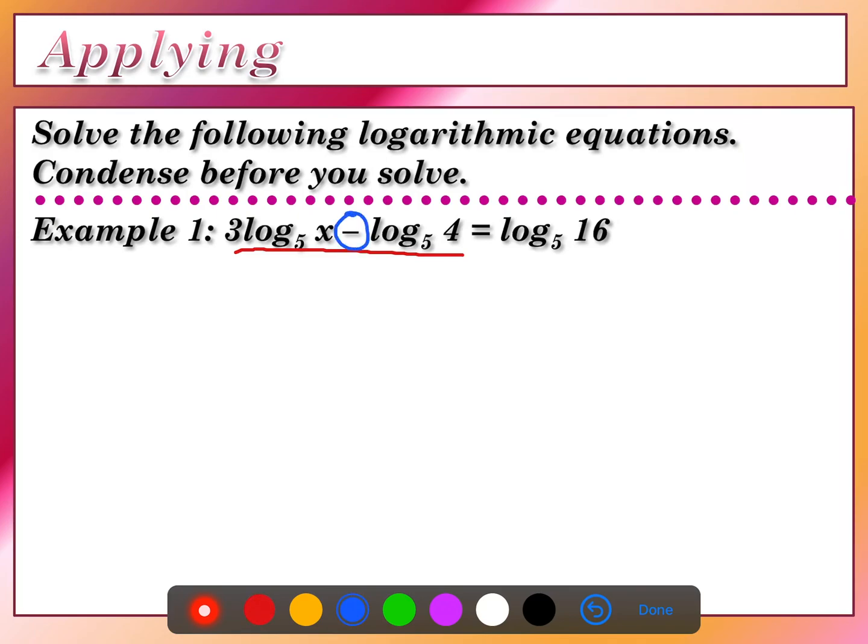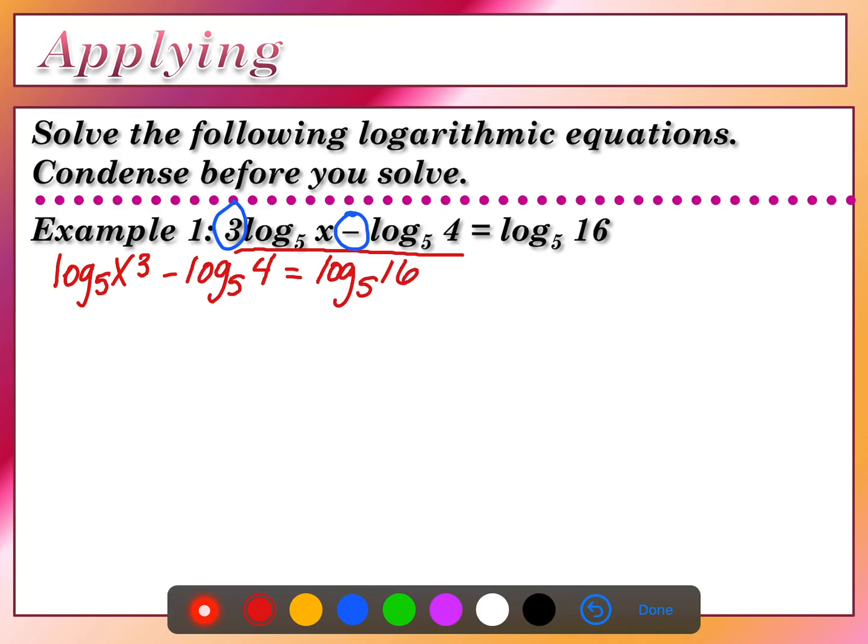I see that I have subtraction, and I also see that I have a coefficient here. So that coefficient can come back to being an exponent on my expression. So I can change that to be log base 5 of x cubed. I'm just doing one thing at a time here.